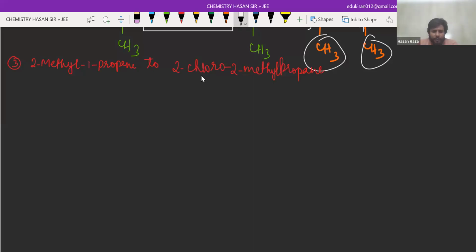Let me know if you're not able to solve this. You just need to write the structure of this, and then try to connect how you can prepare this.